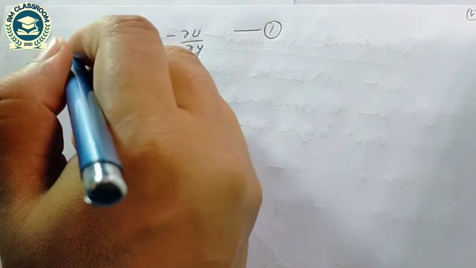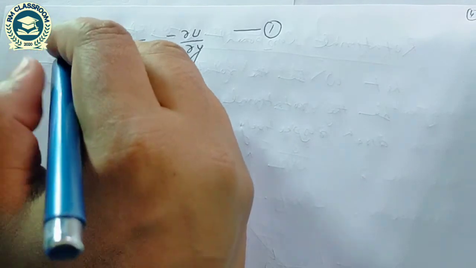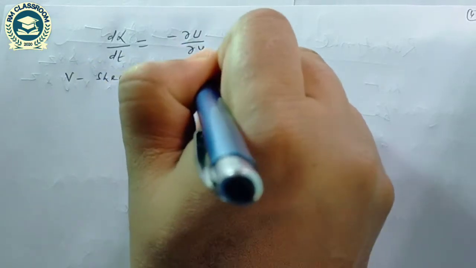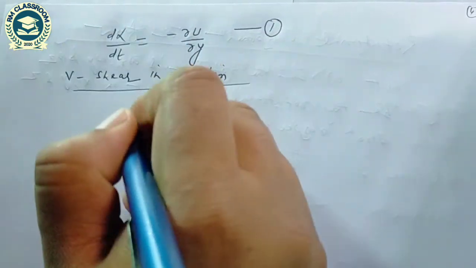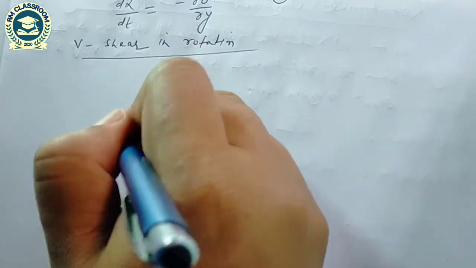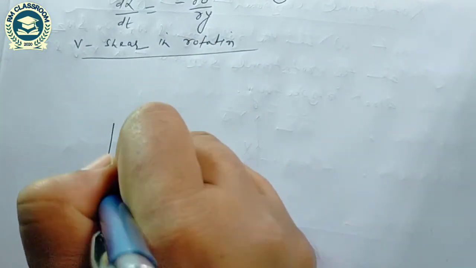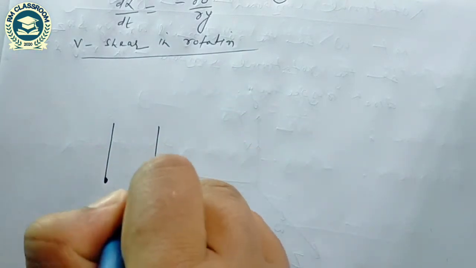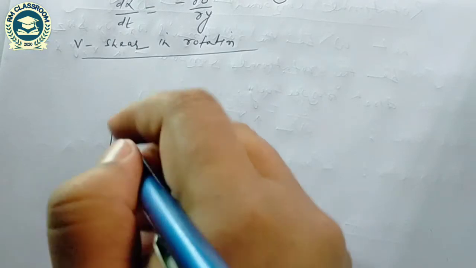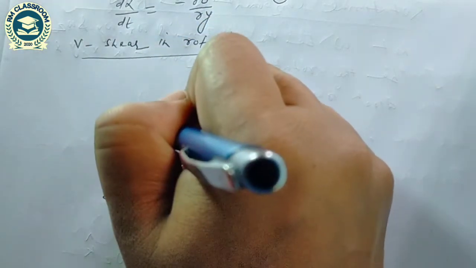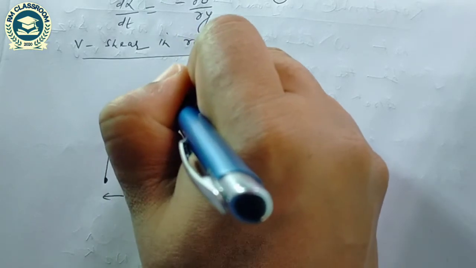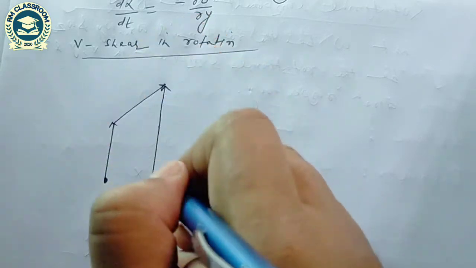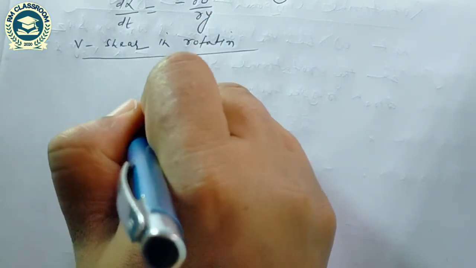Similarly, if I write V shear rotation, this distance is dx. So it is d beta.